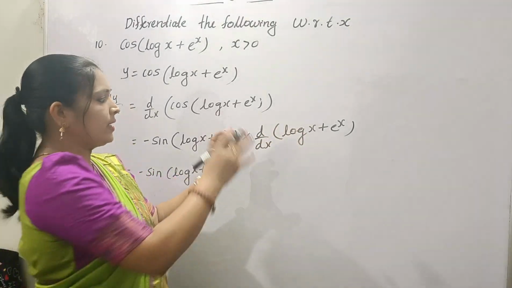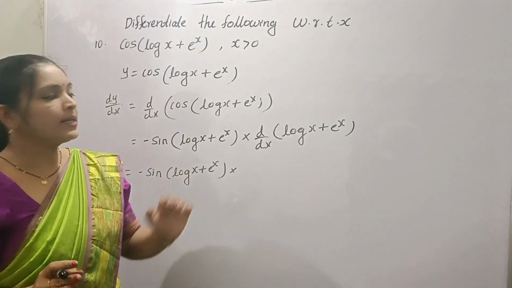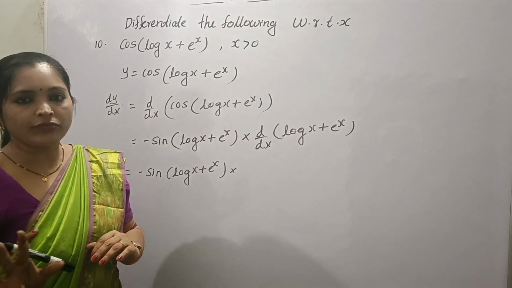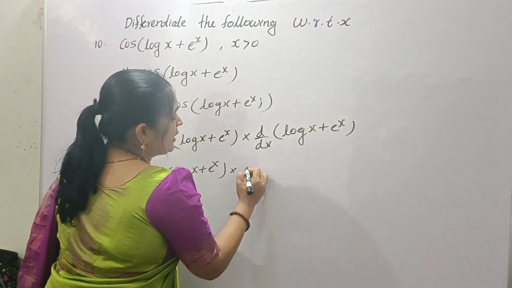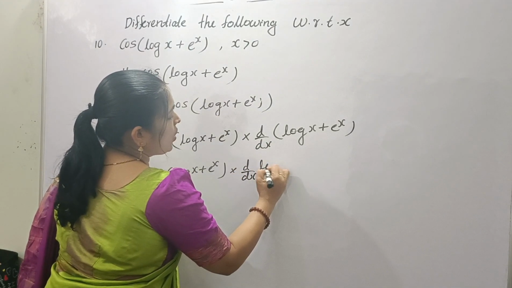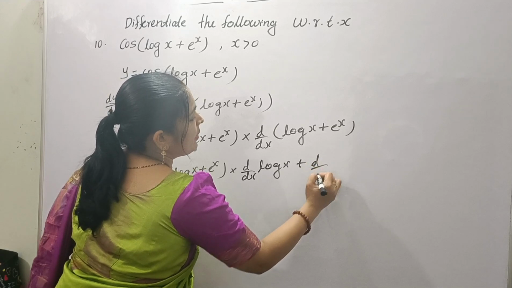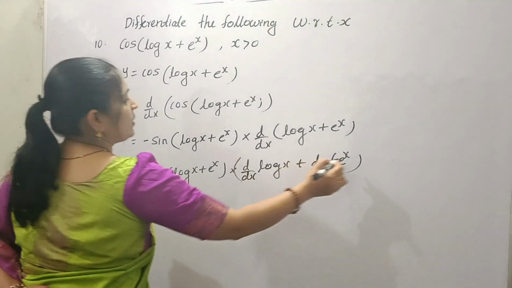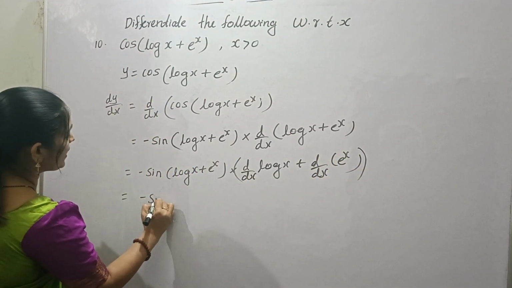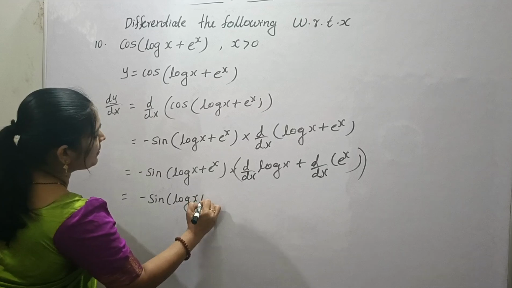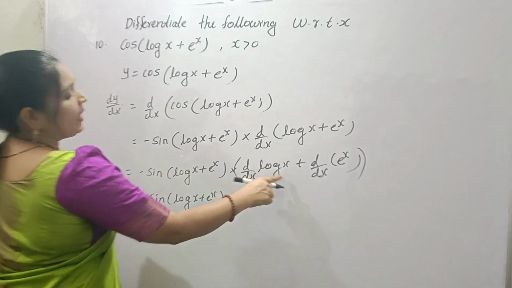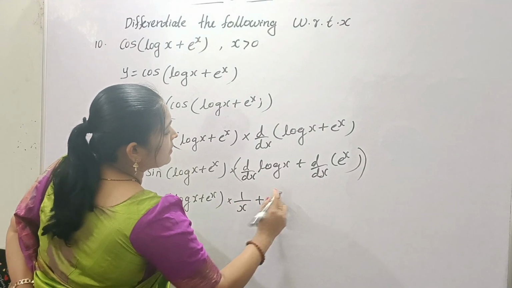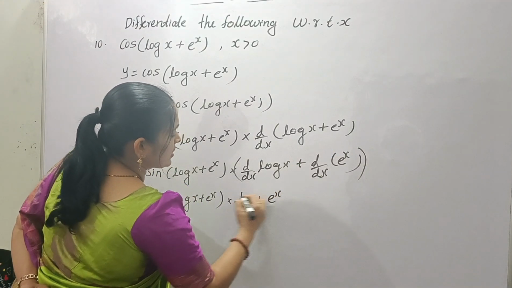That is equal to minus sin of log x plus e raised to x into derivative of log x plus e raised to x. See here, derivative of f of x plus g of x is derivative of f of x plus the derivative of g of x. That is d by dx of log x plus d by dx of e raised to x. So that is equal to minus sin of log x plus e raised to x into, d by dx of log x is 1 by x, plus d by dx of e raised to x is e raised to x.